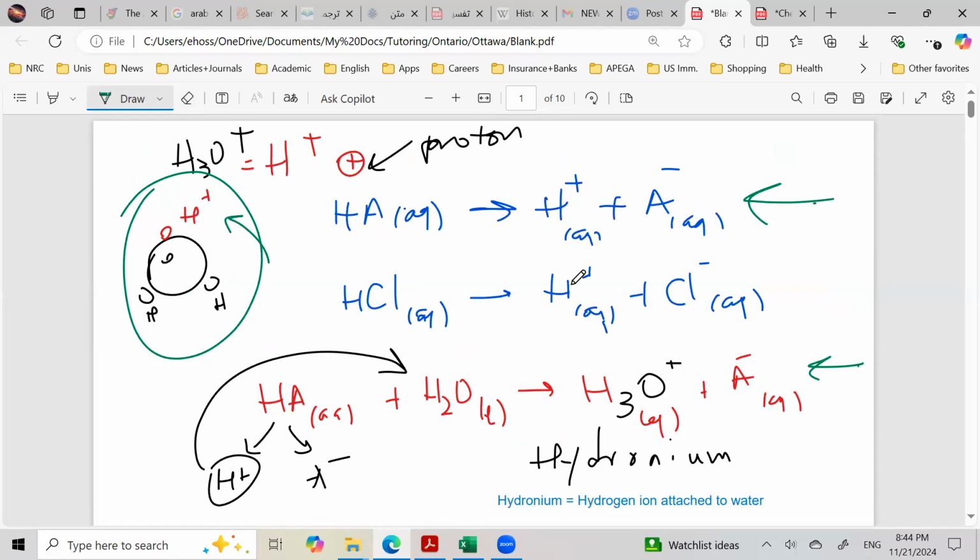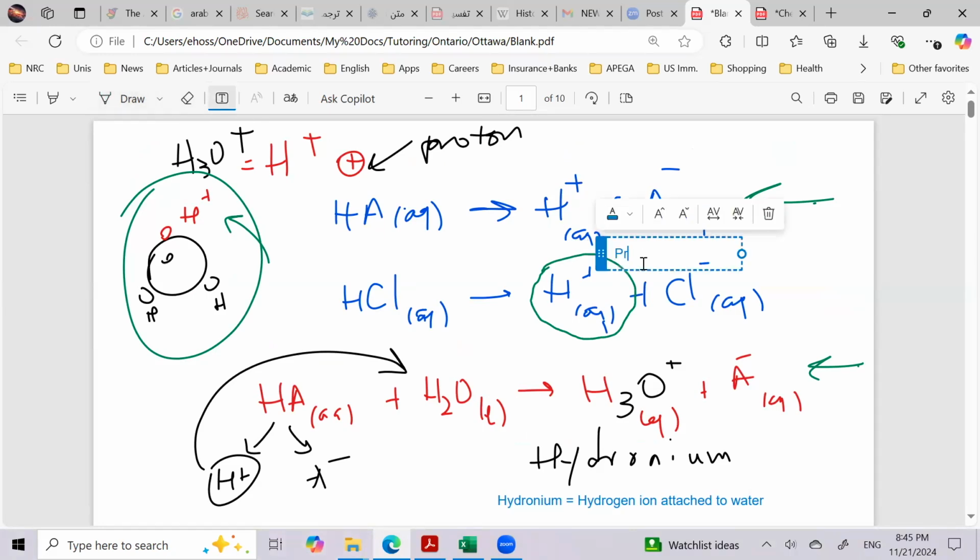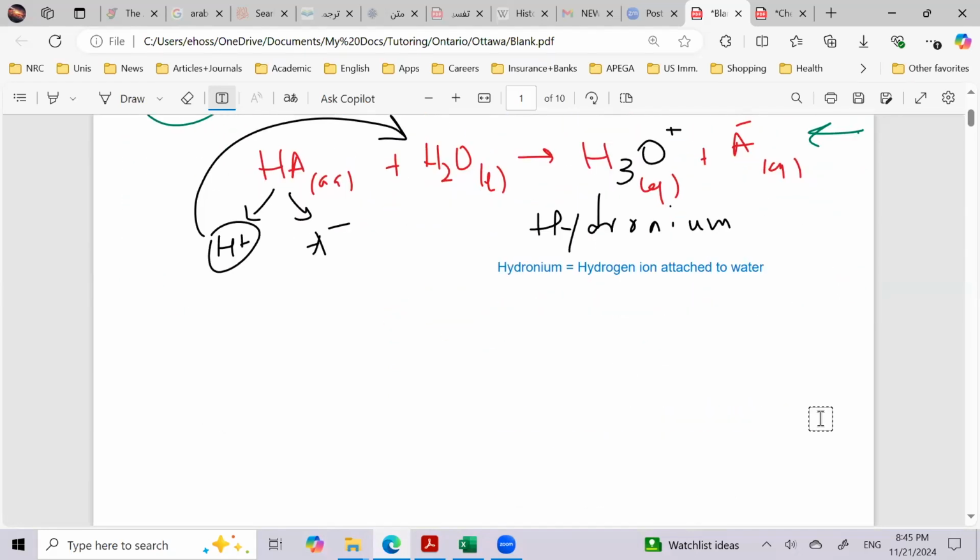All right. So hydrogen ion is called a proton. So what is a proton? A proton means a hydrogen ion because hydrogen has one electron and one proton. This is the nucleus with one proton, and then one electron is outside.